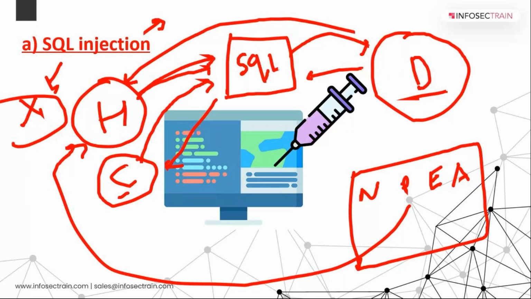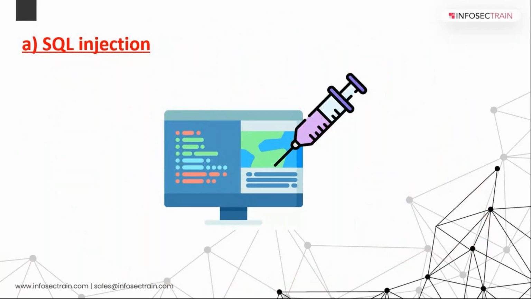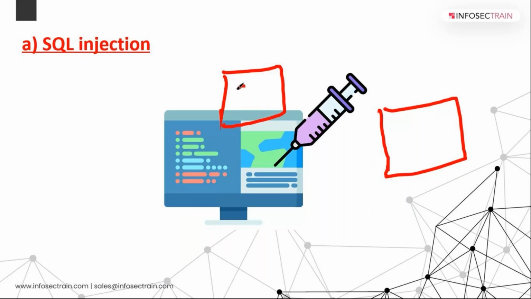Another example of SQL injection could be a hospital. The hospital has a database where the patients' contact numbers, their bills and all these kinds of things are stored. Then there is SQL for maintaining it, and there is a hacker.